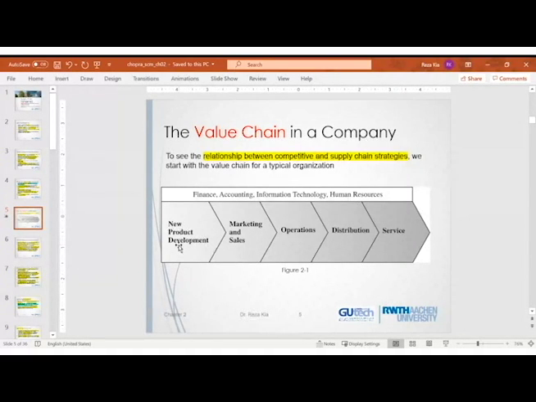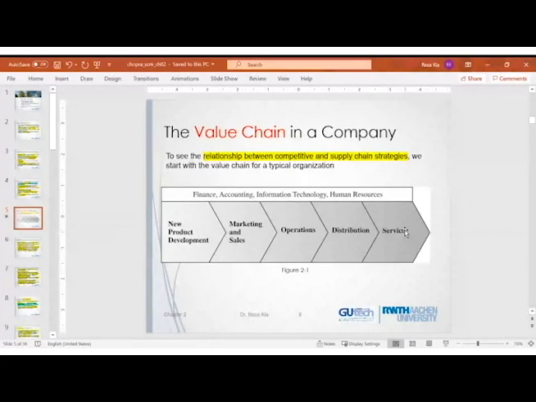You need to implement all this strategy to generate a valuable product and valuable services for your customer. Otherwise, the outcome of your supply chain wouldn't be valuable for your customer, which means you are not competitive enough to attract your customer.